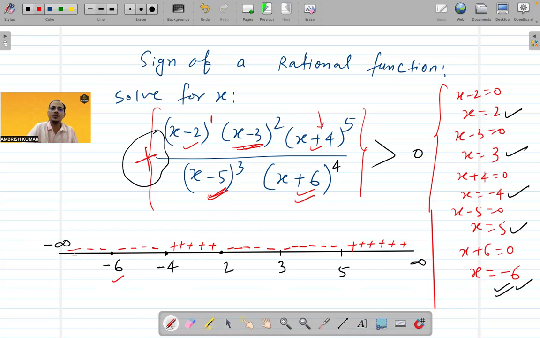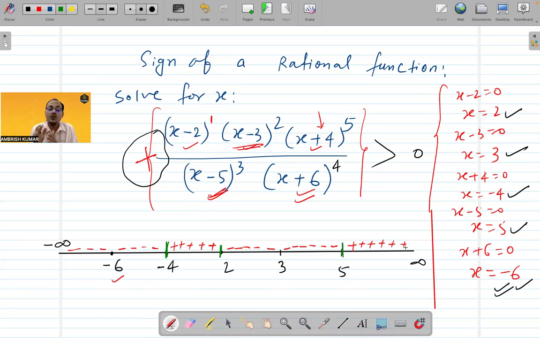Now see, this gives you the answer. What does this sign scheme mean? It means this complete expression will give you the positive value when you are taking x from negative 4 to 2 and then from 5 to infinity.